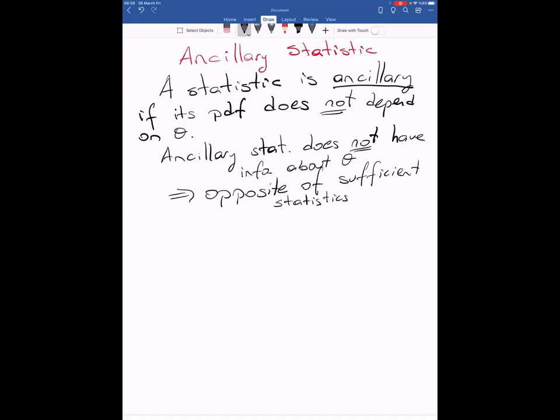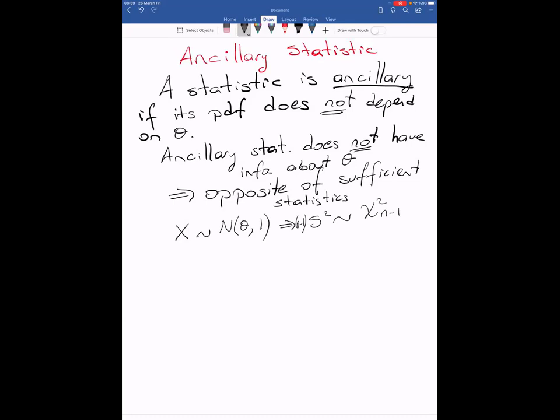Basically, we are using this in the normal distribution case. When we have a normally distributed random variable X with mean theta and variance 1, then the distribution of s squared, or rather n minus 1 times s squared, is distributed as chi-square with n minus 1 degrees of freedom, because the variance is 1.